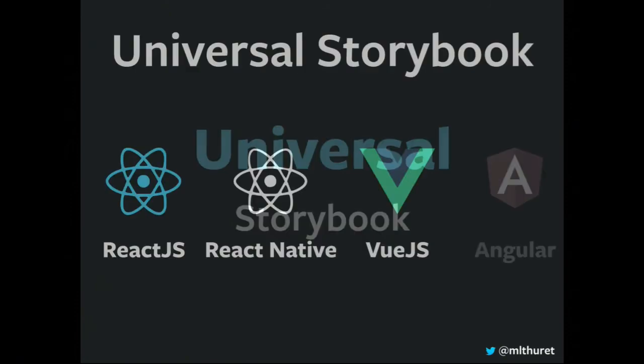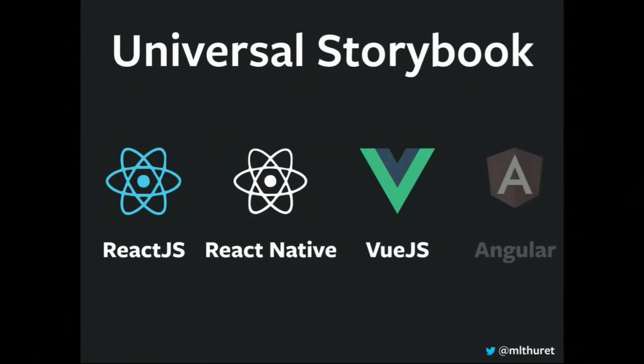What I mean by universal is that you can use Storybook for React, for React Native, for Vue, and soon probably Angular. They built it in a way that if a new framework comes along, it can be integrated.